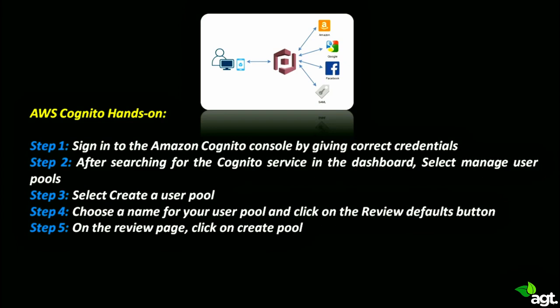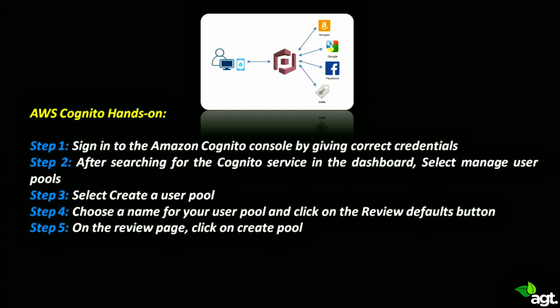User pools and identity pools are the two main components of Amazon Cognito, and identity pools provide AWS credentials to your users and provide access to other AWS services. So you can configure an identity pool to exchange your pool tokens for AWS credentials to allow users in your user pool to access AWS resources.